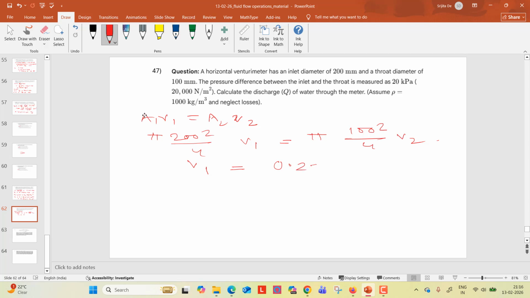Now from Bernoulli's equation in the horizontal direction, you already know that P1 minus P2 equals half rho (V2 square minus V1 square).